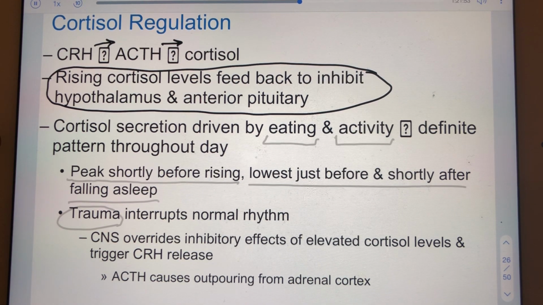And cortisol secretion is not surprisingly reflective of our eating patterns, our activity patterns, okay? And therefore, because we tend to have fairly predictable eating patterns, fairly predictable activity patterns, we also have fairly predictable cortisol patterns.